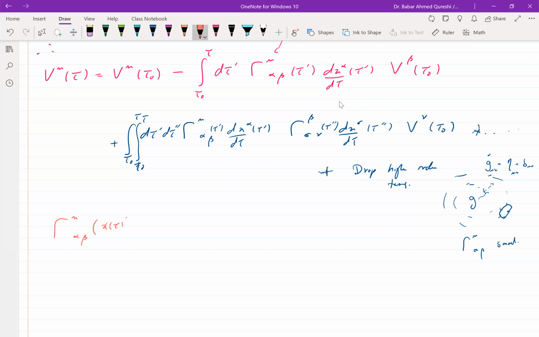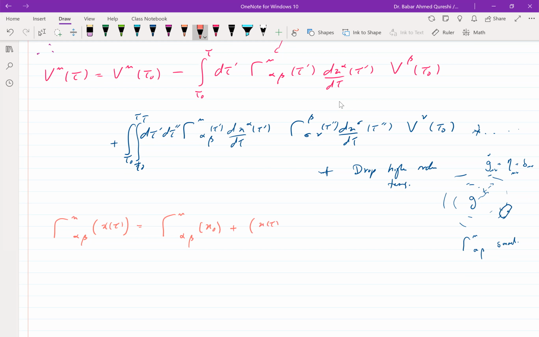So it's like this. They change from place to place. They're defined at each point in a particular coordinate system. I want to look at them along the path, so they depend on the path through this coordinate. So it would be some kind of a Taylor series starting from x naught, its initial value, where x naught is the point which is at tau naught, where you are starting from.